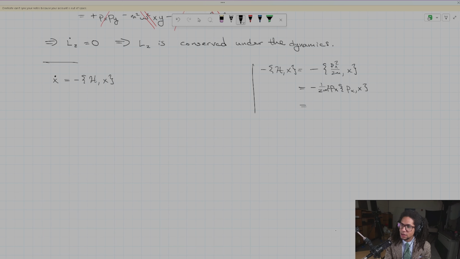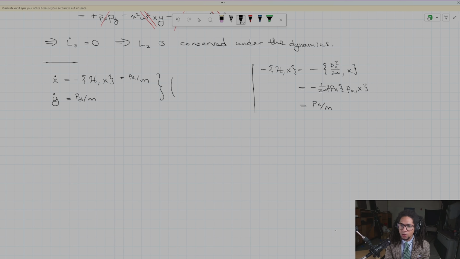And when all is said and done, this is just px over m, this whole expression. Okay, so this is px over m, and by the exact same argument, y dot is equal to py over m. But notice that this is only 1/2 of Hamilton's equations.